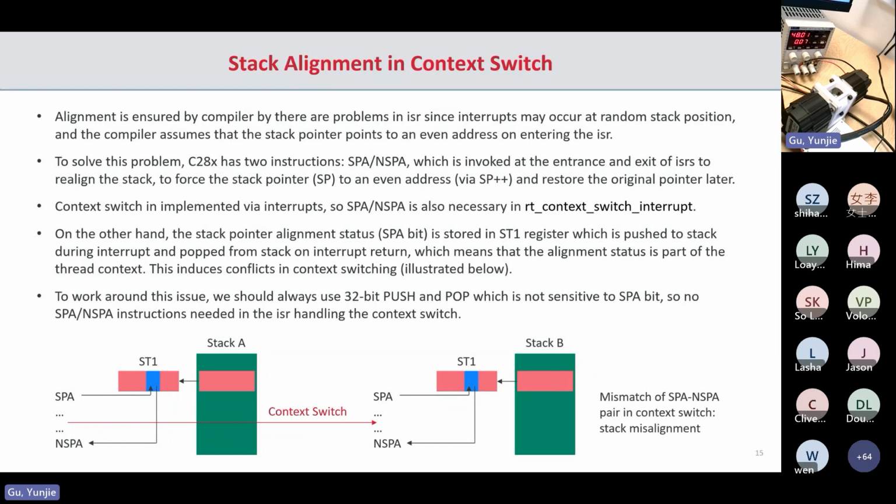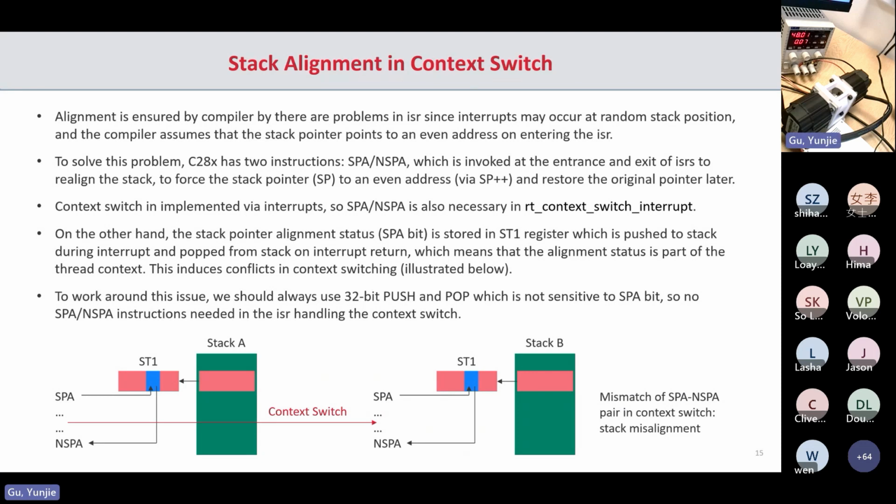You restore the context of the other thread, which means the ST1 register is taken from the stack of the other thread, which is different from the previous ST1 register. And when you do the NSPA, it has to use this register to decide how it needs to restore the stack pointer.